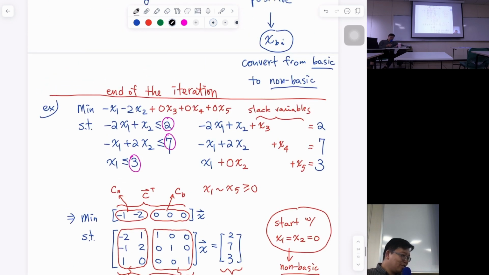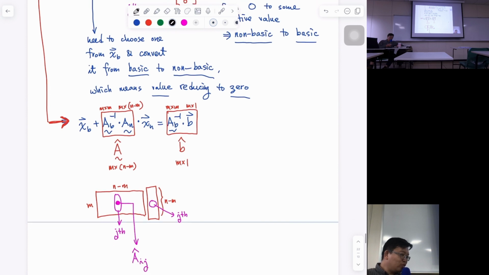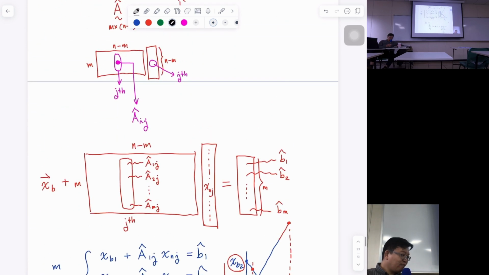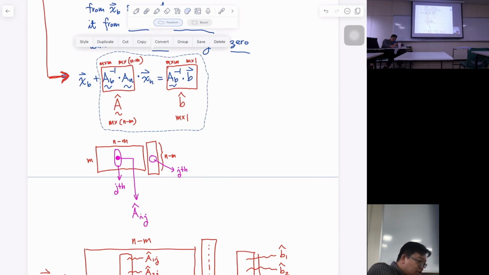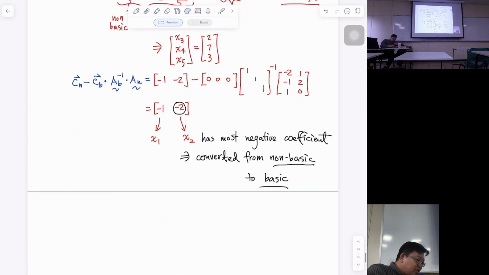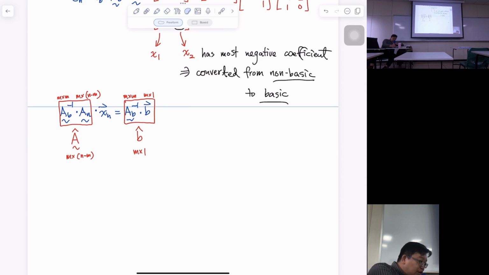Ratio test. Ratio test. So we need to evaluate these two guys. Copy and paste. Okay, and erase some of the things here.